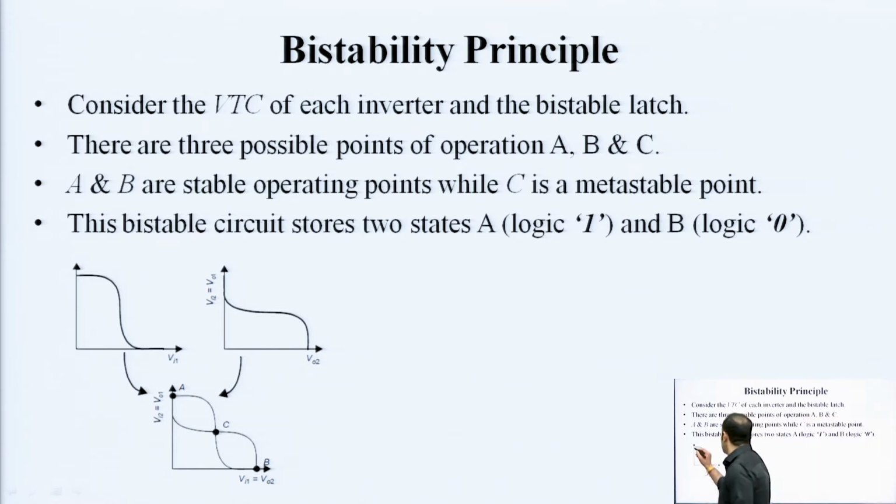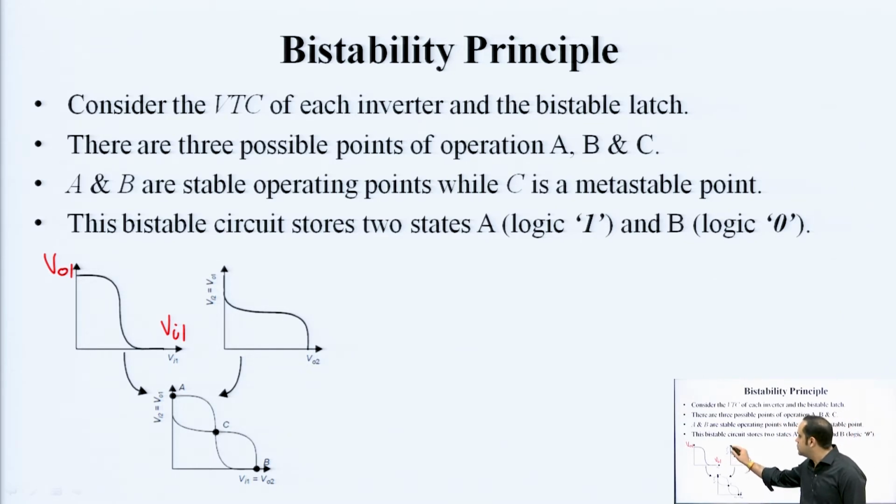This is inverter 1, so this is your output VO1, this is the input Vi1. Because you are applying the output of the first as an input to the second, you can put VO1 here and Vi2 here on the x axis. So, this is basically a rotated VTC for the second inverter.